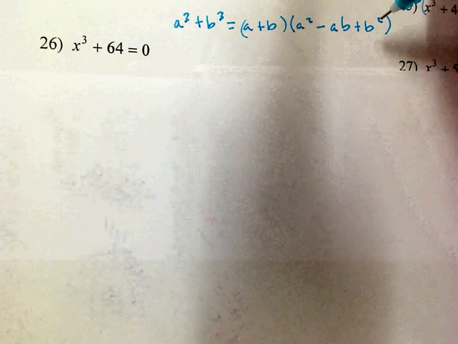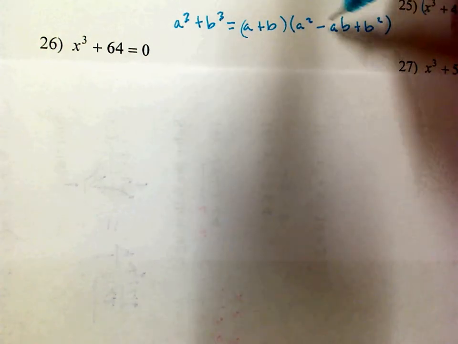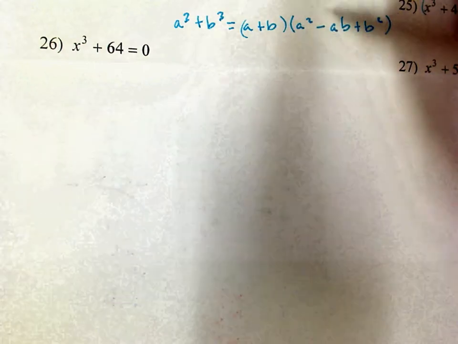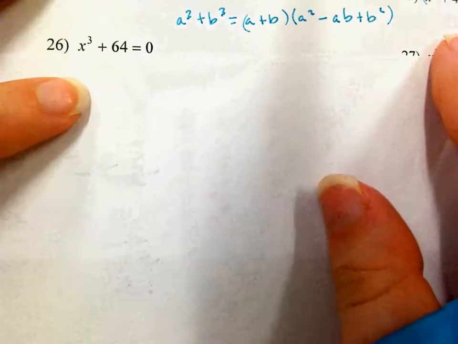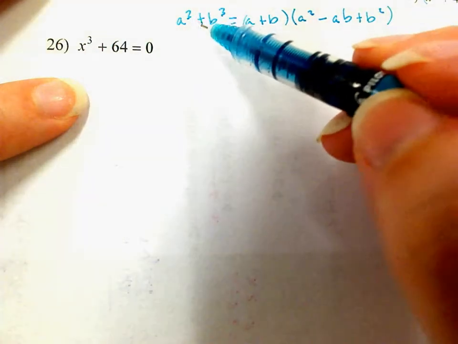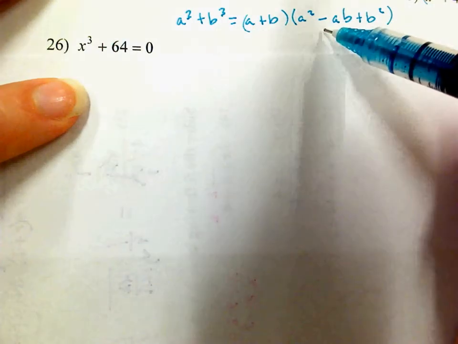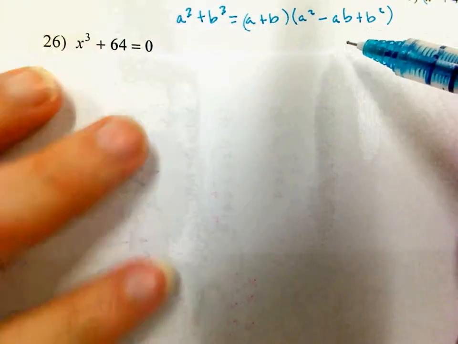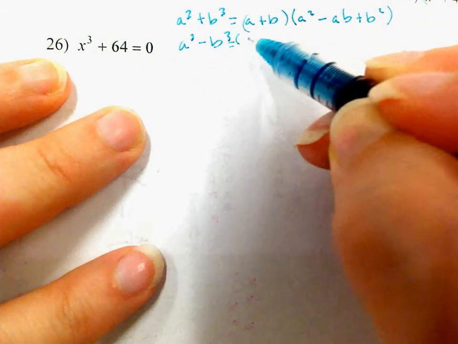Yeah, that's right. Okay. So, if this is plus, this is minus, that's always plus. If this is minus, this is plus, that's always plus. So if it was a cubed minus b cubed, it would be a minus b, a squared plus ab plus b squared. Okay. As it is, we're dealing with the sum.